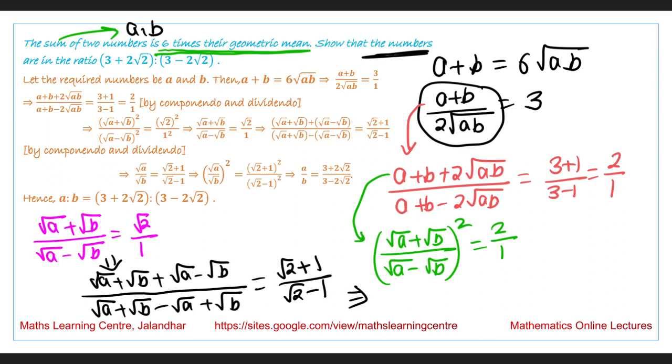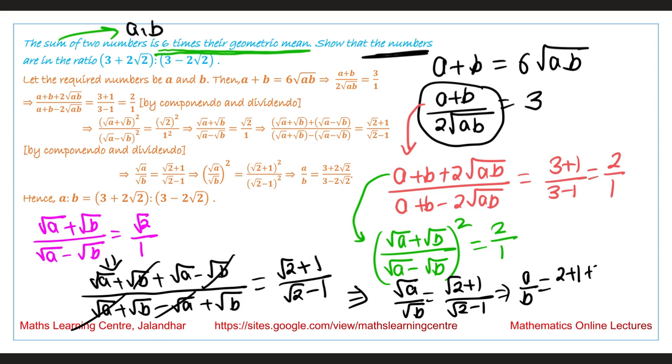This b gets cancelled, this a gets cancelled, and we obtain square root of a by square root of b is equal to (square root of 2 plus 1) divided by (square root of 2 minus 1). So a by b is equal to the square of this term, which is (2 plus 1 plus 2 root 2) divided by (2 plus 1 minus 2 root 2). The answer we obtain is (3 plus 2 root 2) divided by (3 minus 2 root 2). So this is the required value.